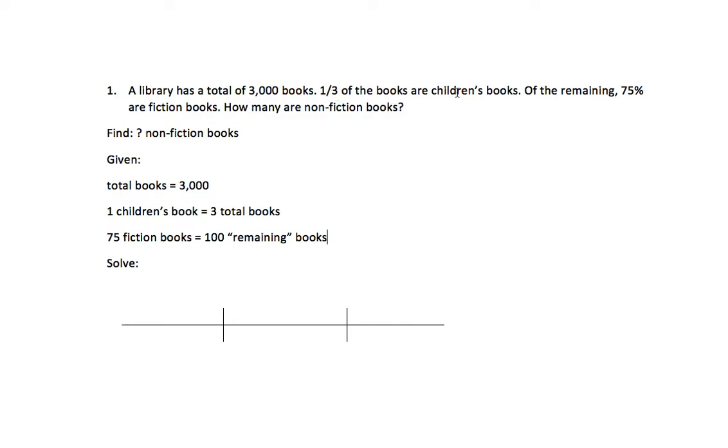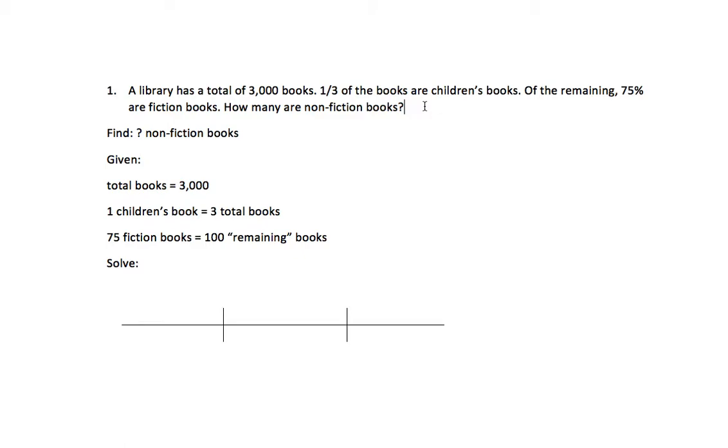Okay, so a third are children's books. Of the remaining, that means all the books minus the children's books is what we mean by the remaining. 75% are fiction. How many are nonfiction? So we have to make an assumption here, fiction or nonfiction.